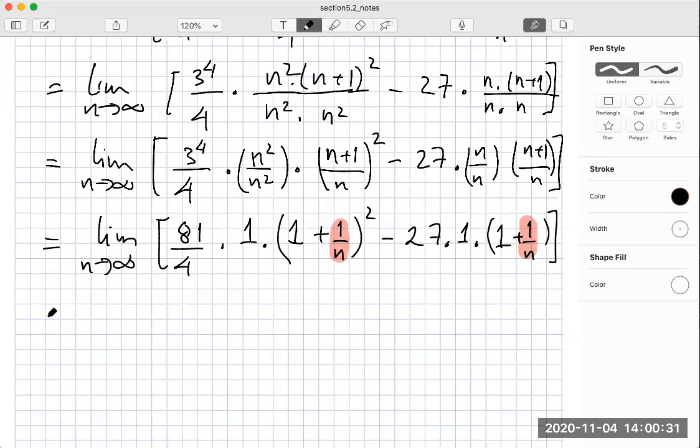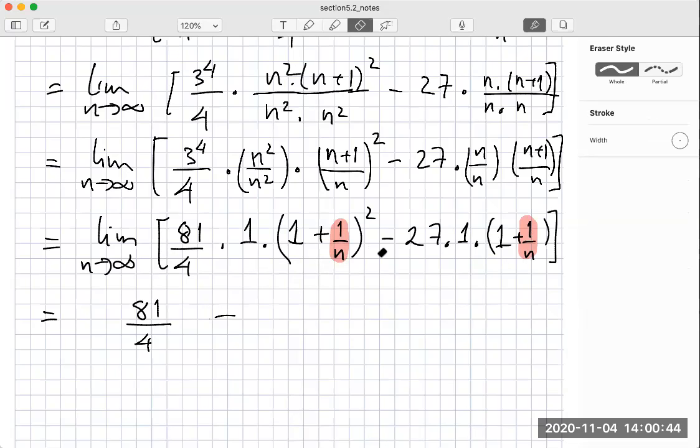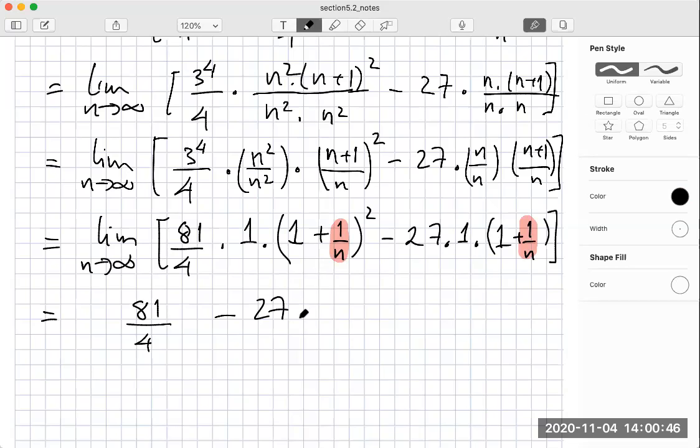So the limit of this guy will approach 81 over 4 times 1 here, minus 27 times 1 times 1. So finally, we got this result. Okay. Are we good?